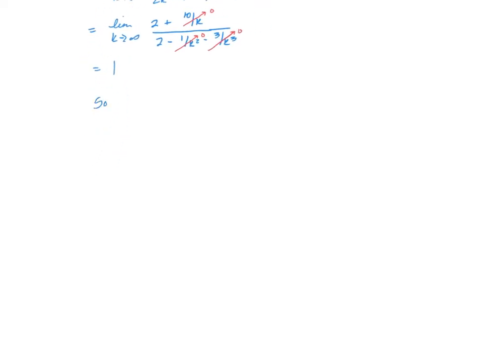So this series, k plus 5 over 2k to the third plus k minus 3, converges by limit comparison test.